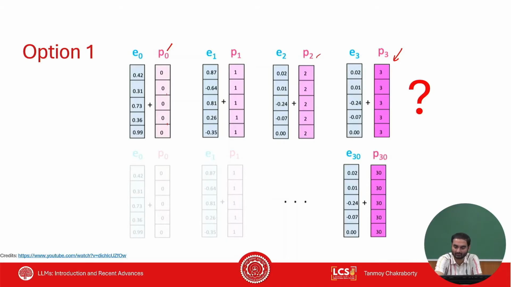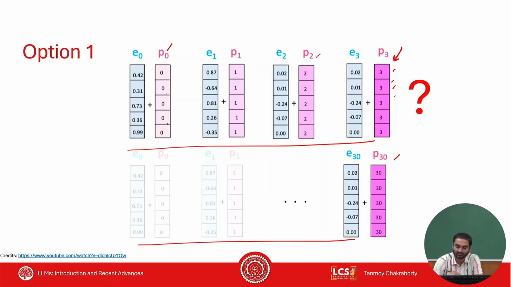The second problem: let's say there is a sentence where there are only 3 tokens. The last token's positional embedding is 3, 3, 3, 3. There is another sequence where the last token is at the 30th position. So the last positional embedding is 30, 30, 30, 30. So look here. The 3 vector and the 30 vector are different, right?